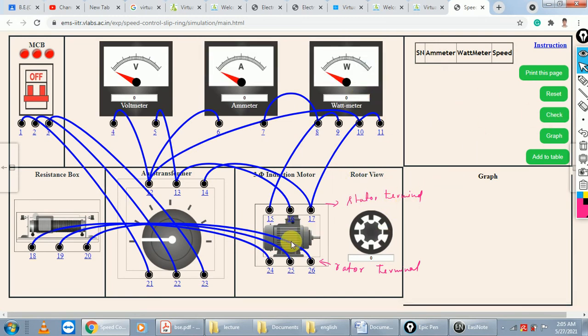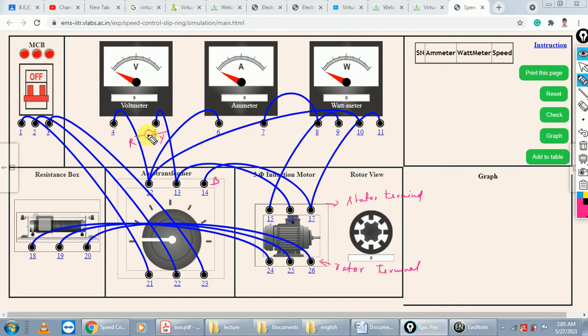In this case, this is a voltmeter. The voltmeter measures the voltage across, suppose, the R phase and Y phase, and this is the B phase. So the voltmeter connects across this.